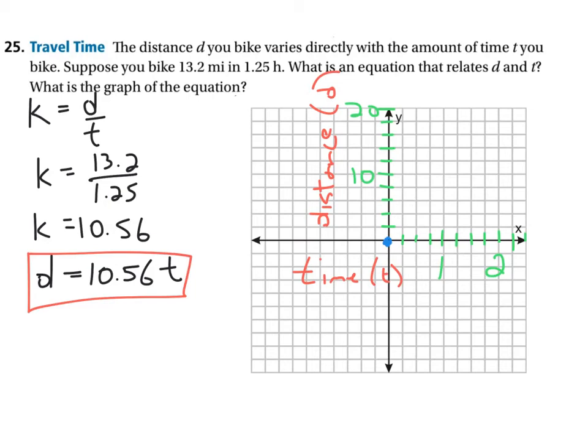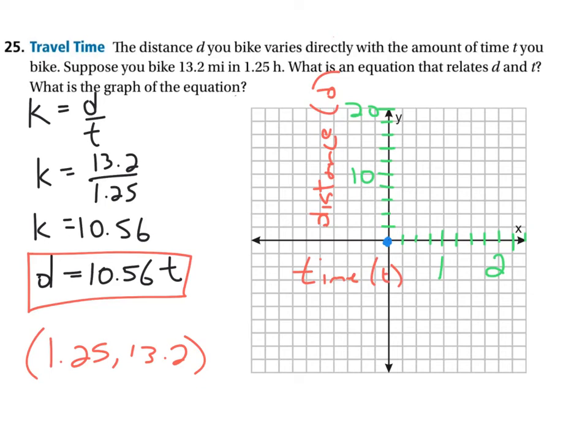If that's true, then I could use the point 1.25, 13.2, which is the information they gave us, that you rode for 1.25 hours and went 13.2 miles as a result. So I'm going to plot that.